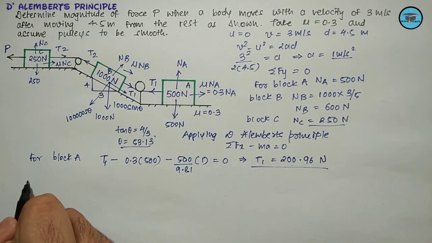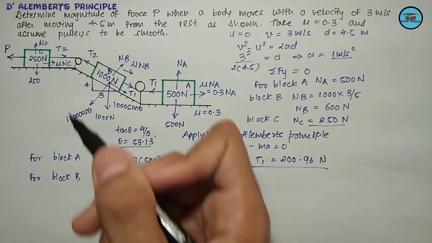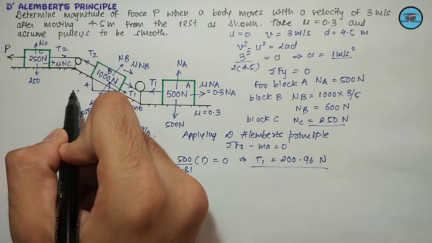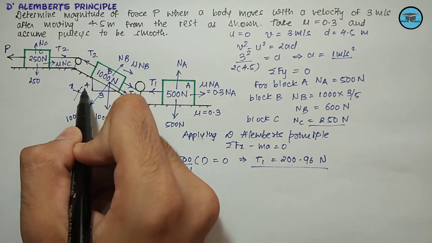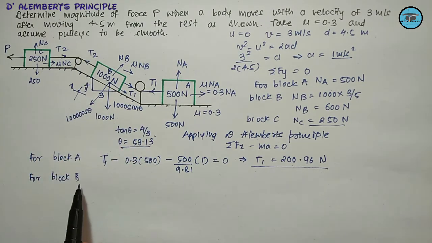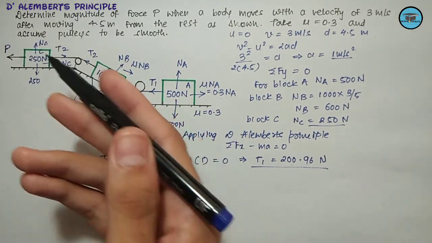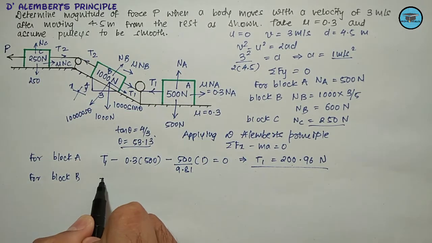Now we apply D'Alembert's principle for block B in the x direction. We take this direction as x and this direction as y for block B. Forces in the direction of motion are positive, so T2 is positive.